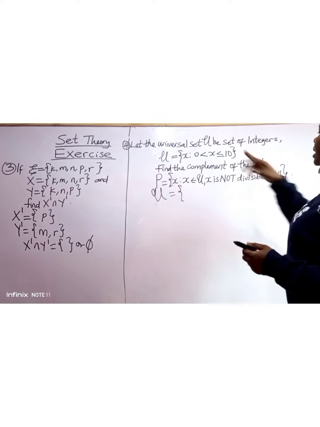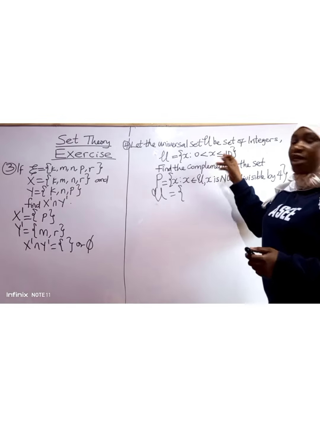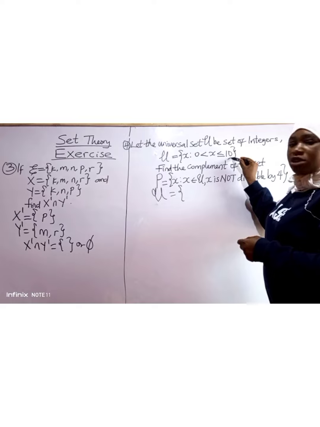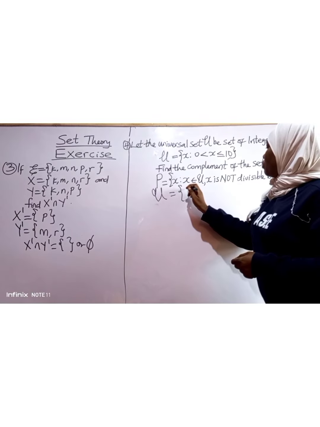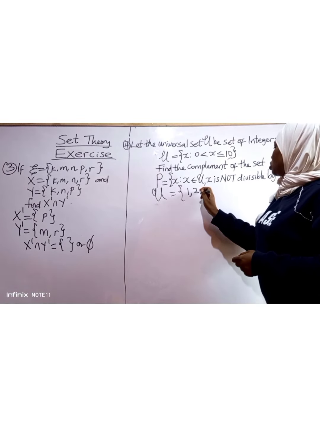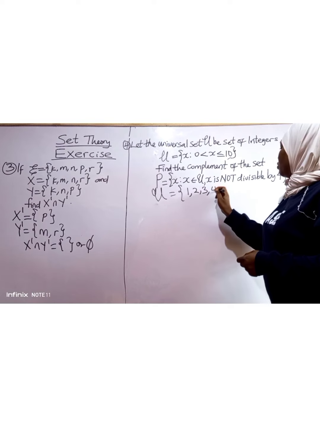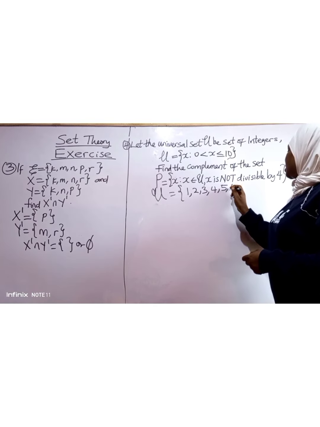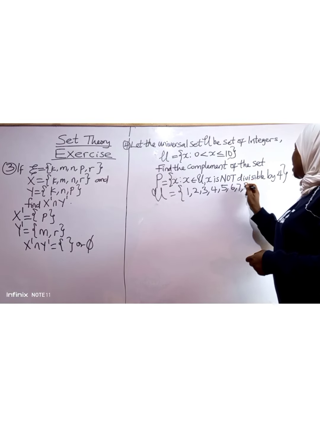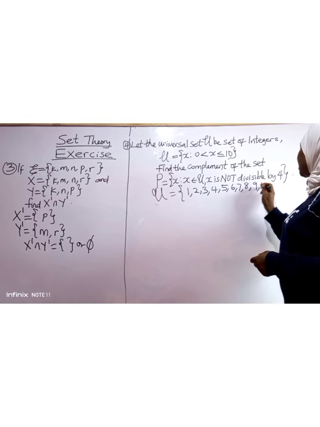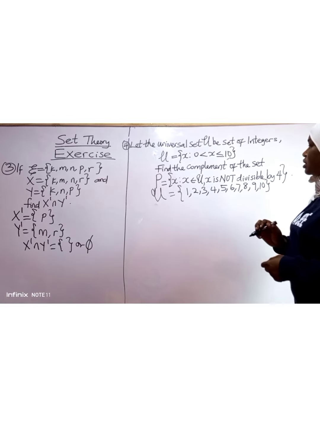So x is less than or equal to 10, so 10 will be included. So we start from 1, 2, 3, 4, 5, 6, 7, 8, 9, and 10. That is the universal set.